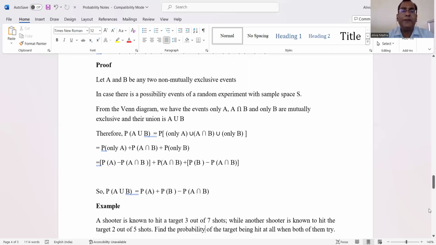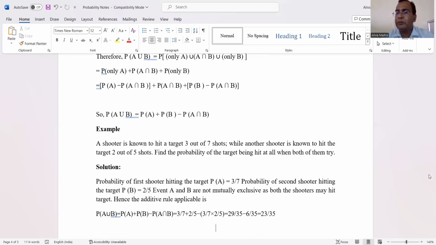Now we take an example to explain this more. Suppose in this example, a shooter is known to hit a target 3 out of 7 shots. Again, see the question. A shooter is known to hit a target 3 out of 7 shots means ultimately we can find the probability of hitting the target by that shooter.